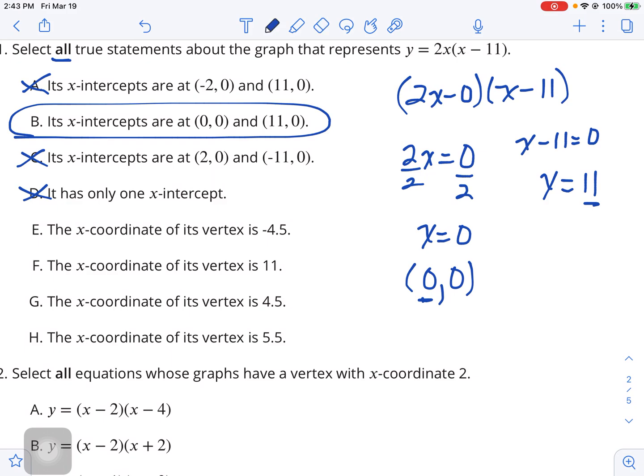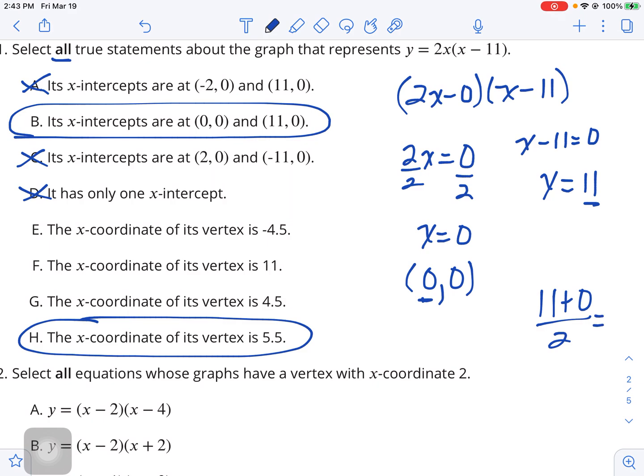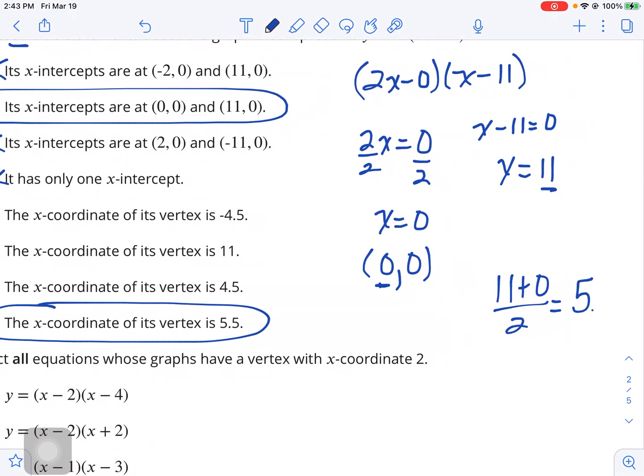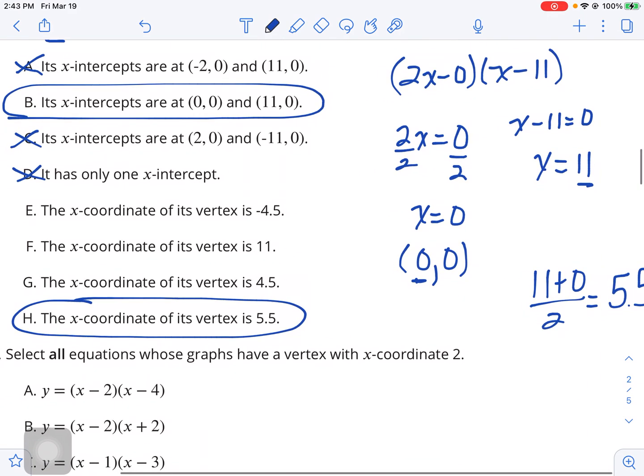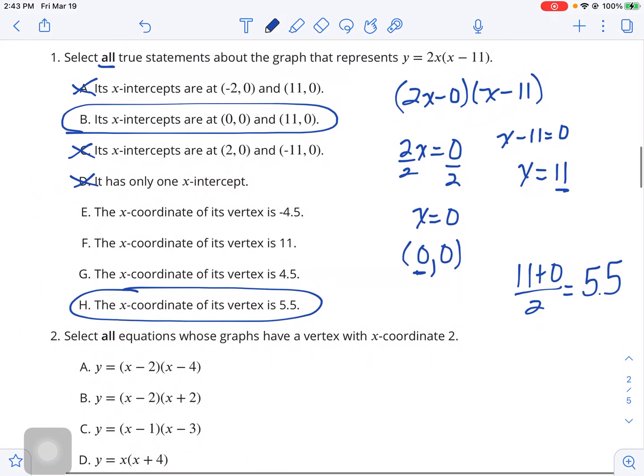So 11 plus 0 divided by 2 is 5.5. And so that's how you find the x-coordinate of the vertex, if you know each of the x-coordinates of the x-intercepts. So these ones are out.